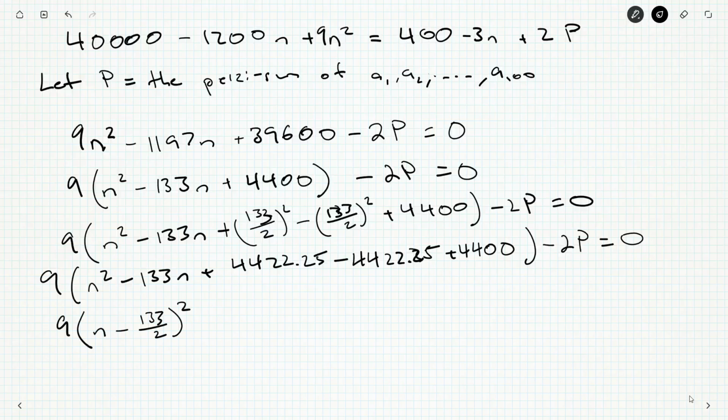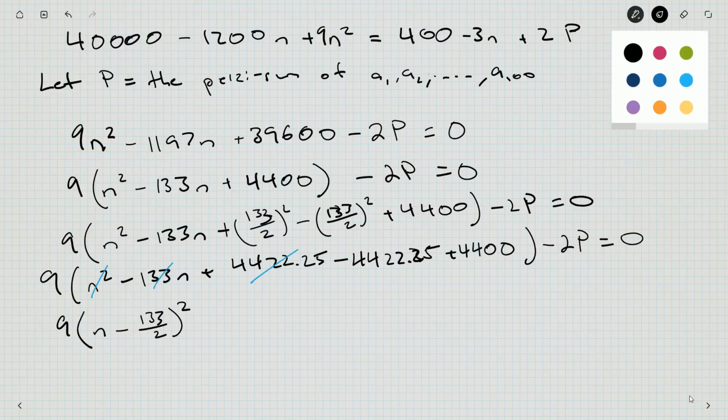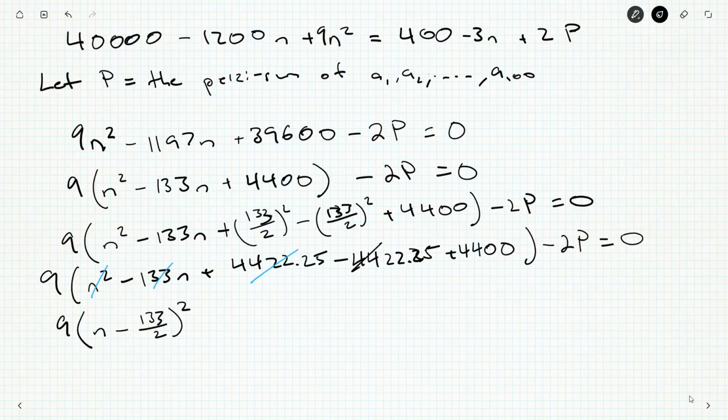And so that takes care of this, and this. And then these guys cancel out. The 44s will cancel out. So we'll just get negative 22.25. Multiply that by 9 to bring it on the outside, and we'll get 200.25 minus 2p is equal to 0.